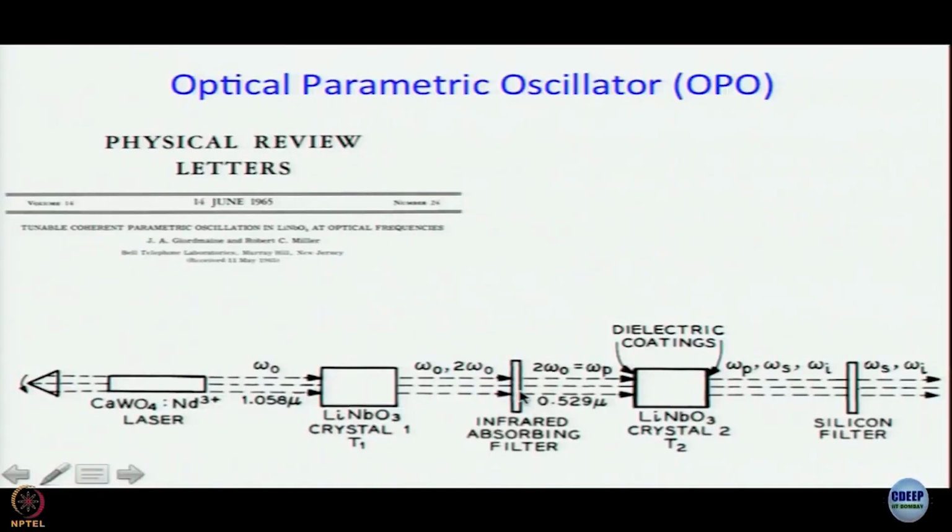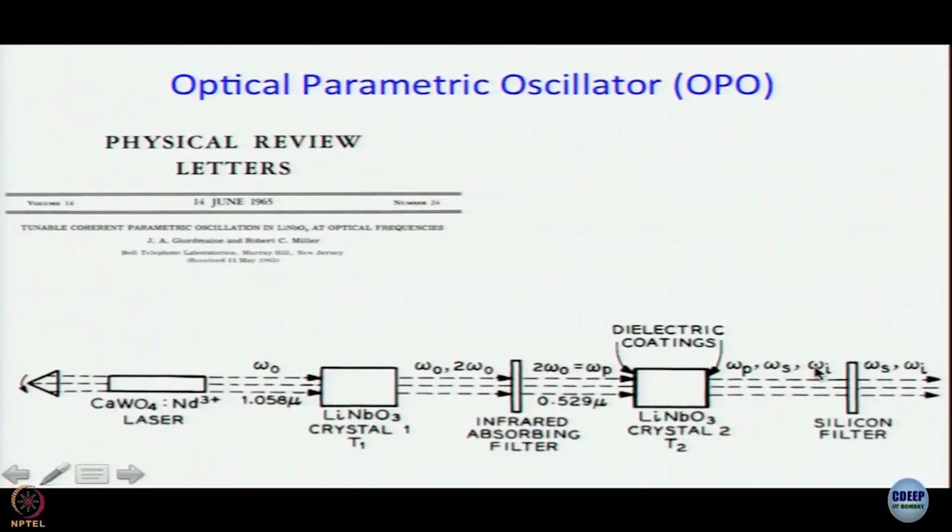After that they had this infrared absorbing filter. Which one will get removed? Omega 0 is gone, you only have 2 omega 0 here, omega p. Then they had this second lithium niobate crystal, T2, from which you are going to generate omega s and omega i.